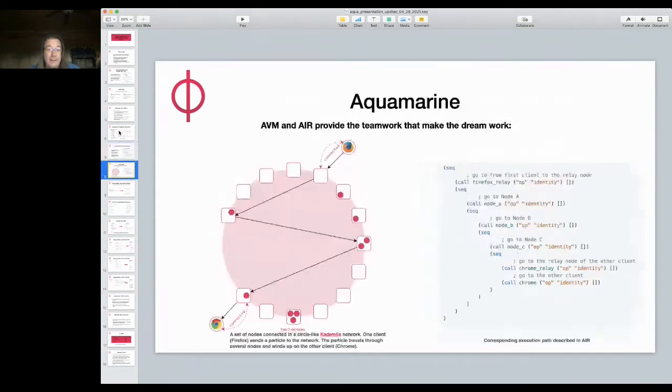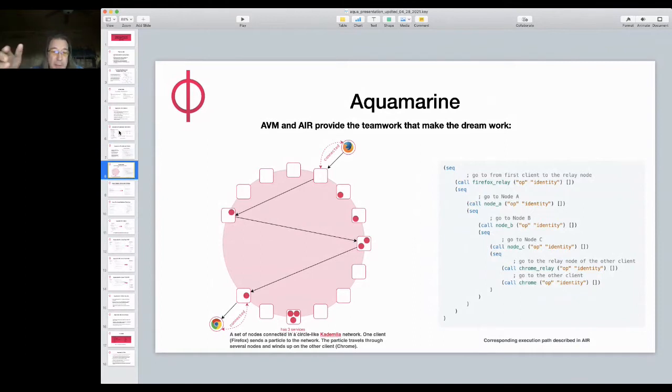And to make this a little bit more graphically appealing, let me show this in a bit of a context. On the left, we have a Kademlia network, which is the big circle. The network is comprised of a bunch of peers, which are the whitish rectangles.